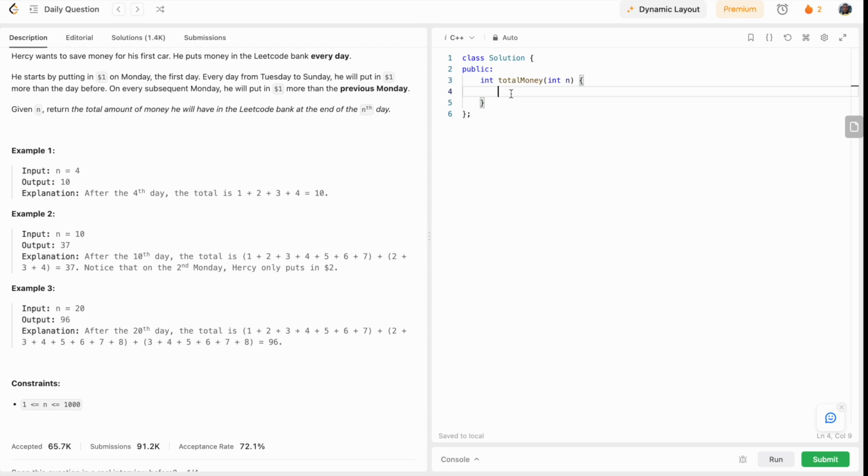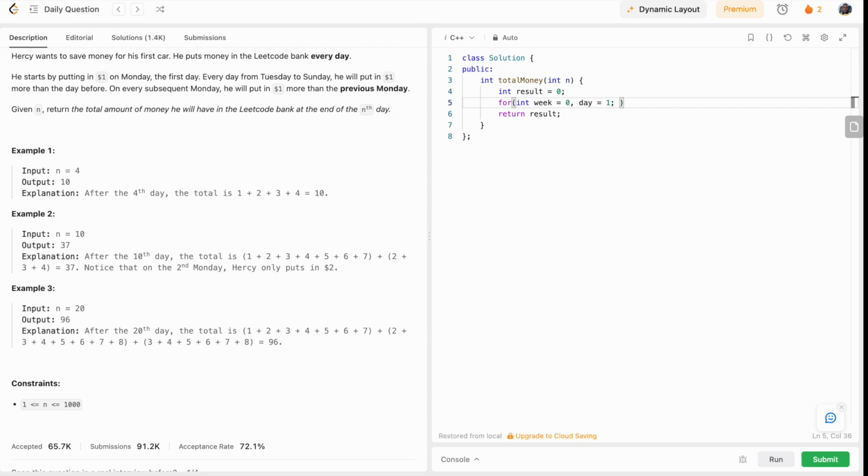For me to implement that, the first thing I need is a result. My result is 0. I'm going to return the result here, and then I need a for loop. I'll have the number of weeks, starting at 0, and then the days, starting at 1.